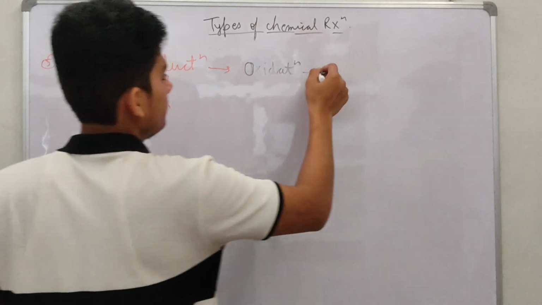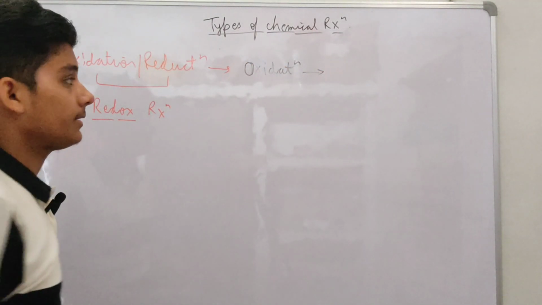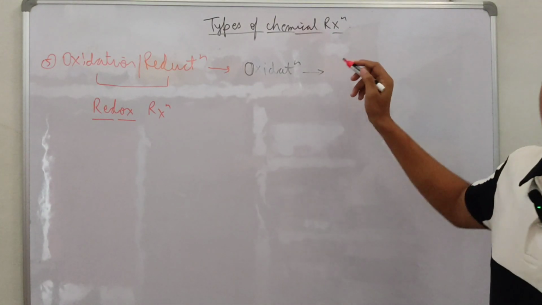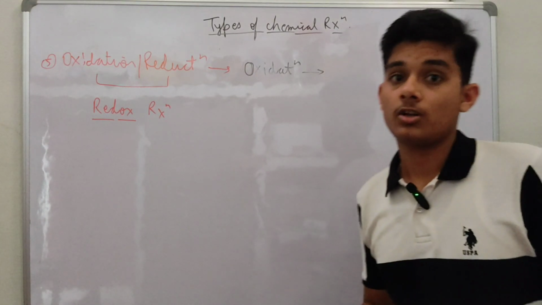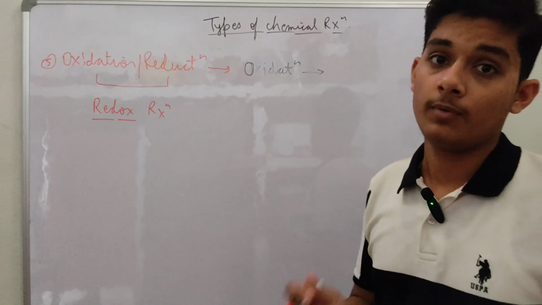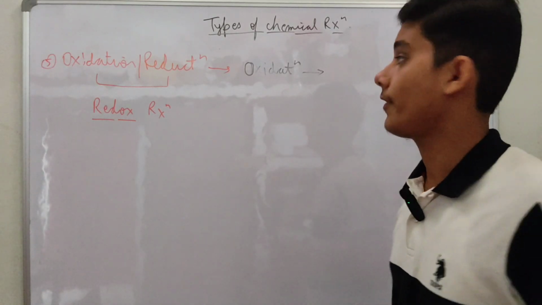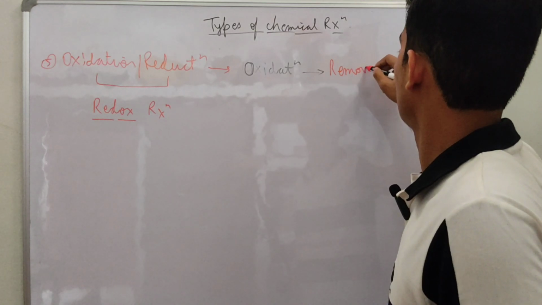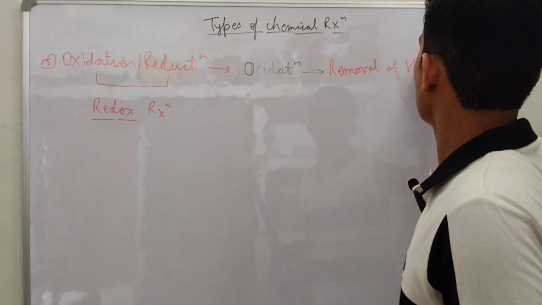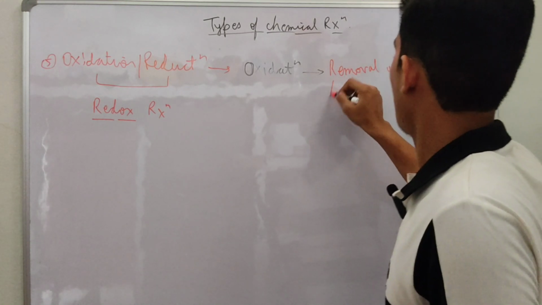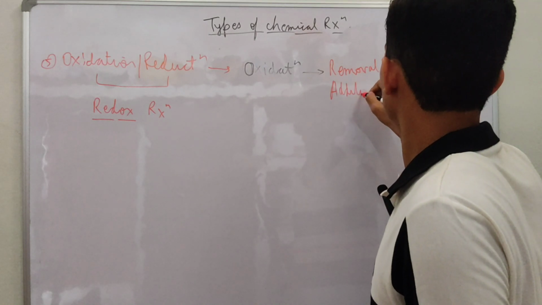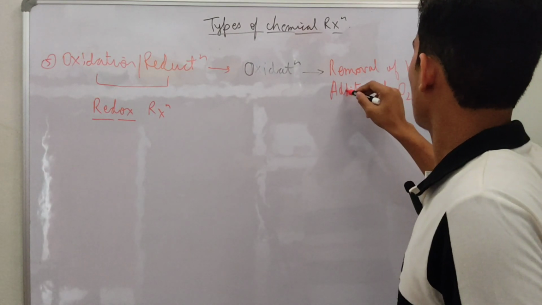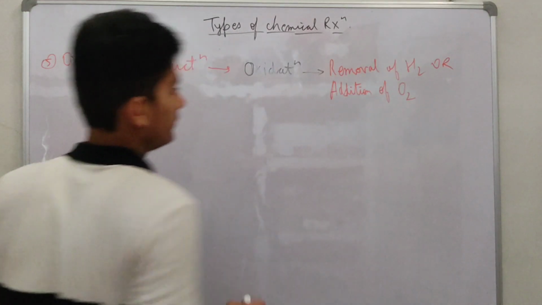The definition of oxidation is that it is the process of removal of hydrogen or addition of oxygen. Removal of hydrogen or addition of oxygen is called oxidation.